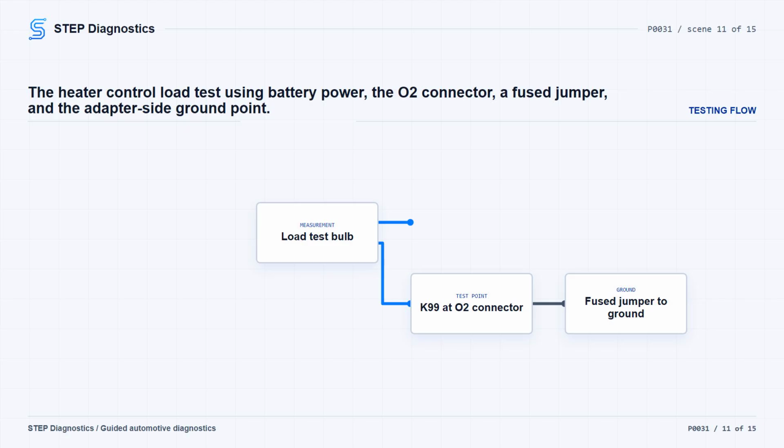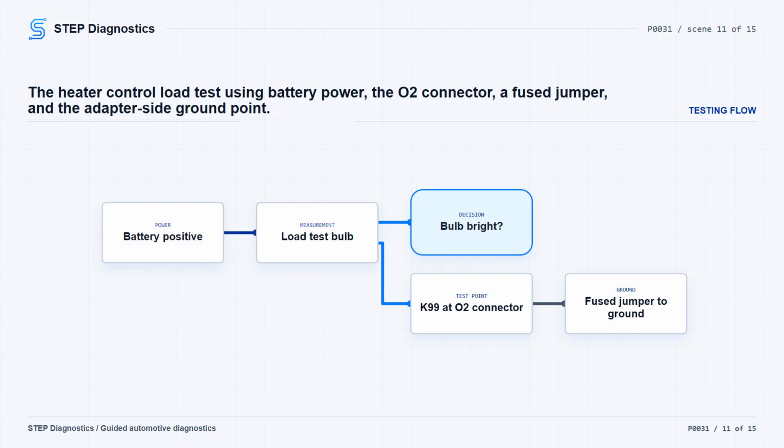If a PCM harness terminal has to be accessed, use the GPEC adapter. Compare the bulb brightness to a direct battery connection. If it is bright, continue. If it is not bright, repair the heater control circuit for an open or high resistance, then verify the repair. Keep in mind the GPEC diagnostic adapter can add up to 1.5 ohms of resistance to the circuit.